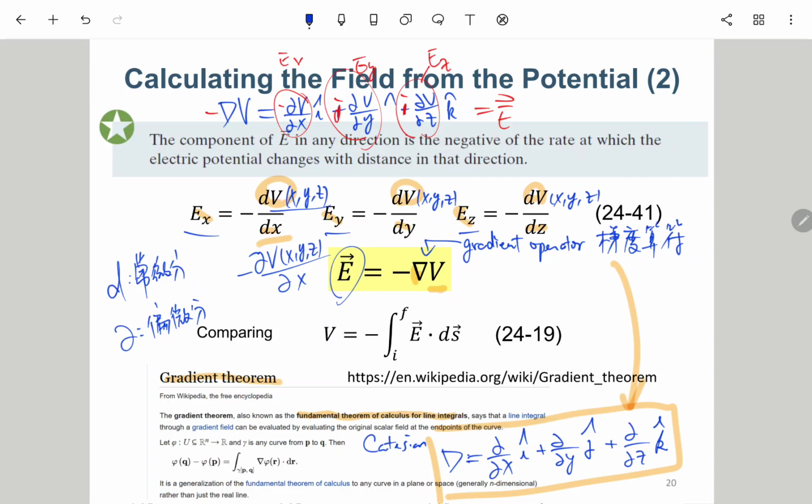For the one-dimensional version, suppose we have f of x, and df of x dx is the derivative. Then the integration of f of x dx from a to b should be f of b minus f of a. So they are inverse operations to each other.